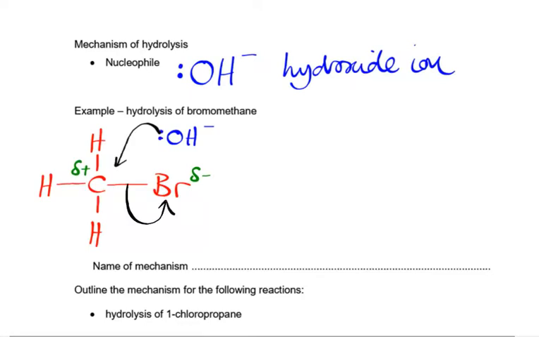And at the same time that that happens, the carbon-bromine bond is going to break. Both of those electrons go into the bromine because the bromine, remember, is more electronegative. So what will that make?